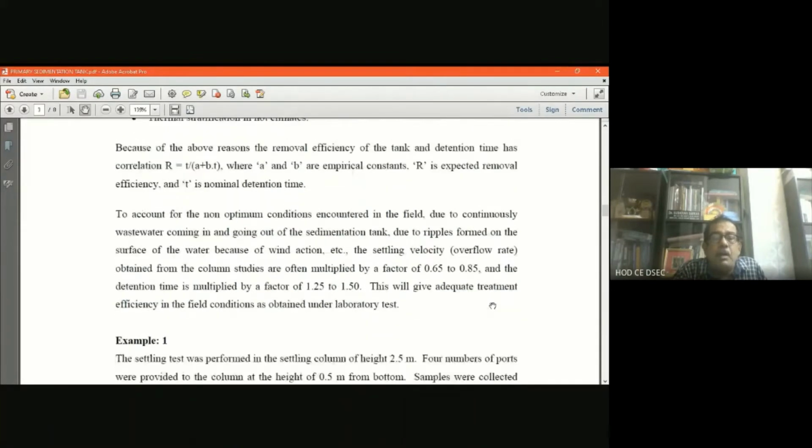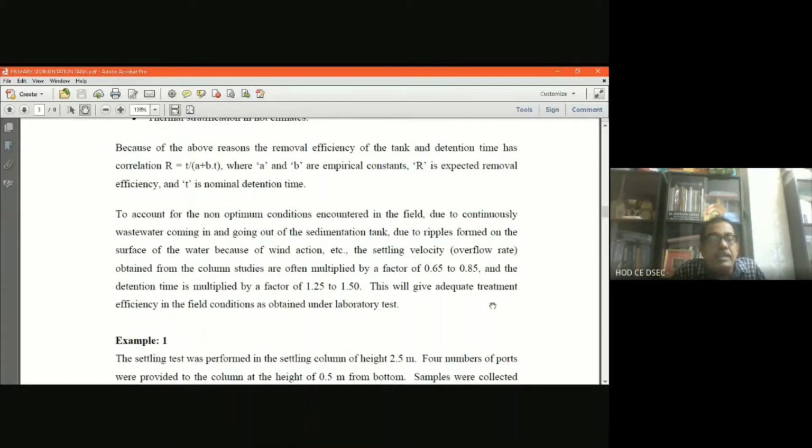Another thing I am going to tell you is that since the optimum conditions are not encountered in the field, due to wastewater continuously coming in and going out of the sedimentation tank, and due to ripples formed on the surface of the water because of wind action, the settling velocity, which we call the overflow rate, that is Q by A, obtained from the column study is often multiplied by 0.65, and the detention time is multiplied by 1.25 to 1.5, because of the ripples formed at the surface of the tank.